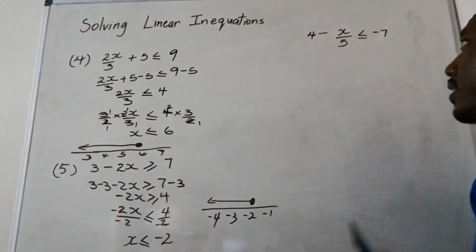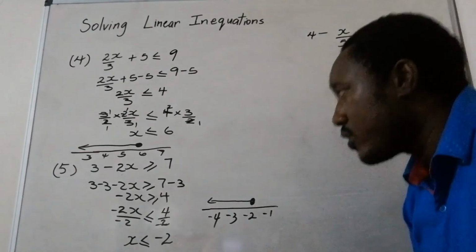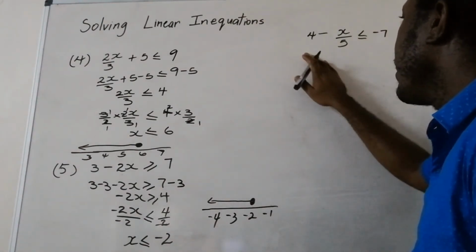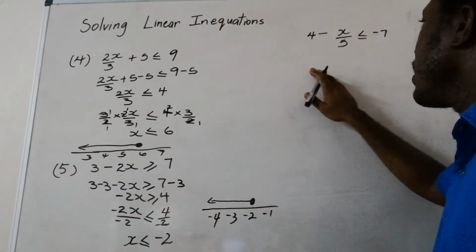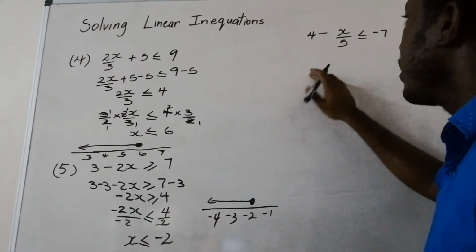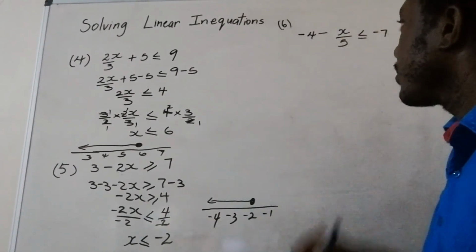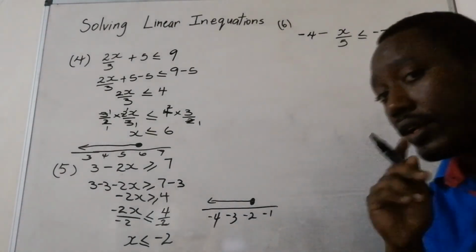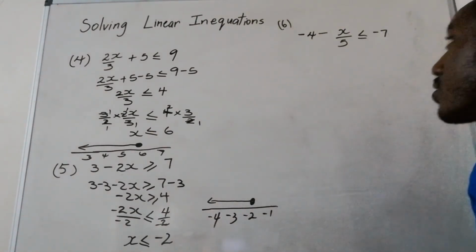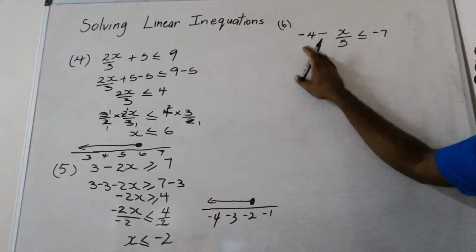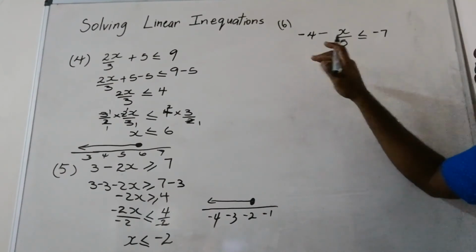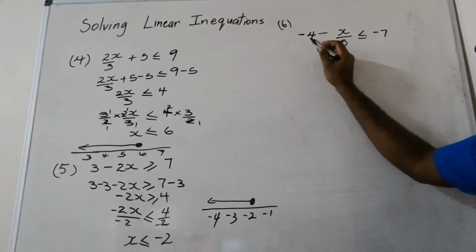Now let's look at another example. So first, we need to get rid of our, let me make this a little interesting. This is example 6. I will put a minus here. Let's see if we understand what's happening. So, negative 4. How do we get rid of our negative 4? We add.